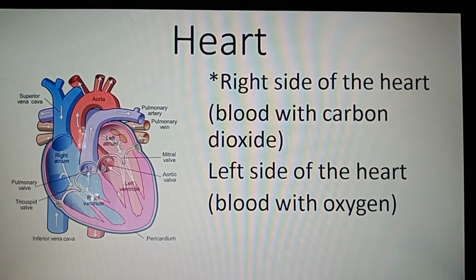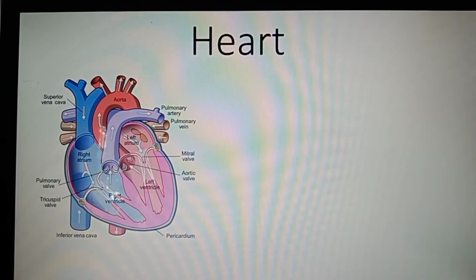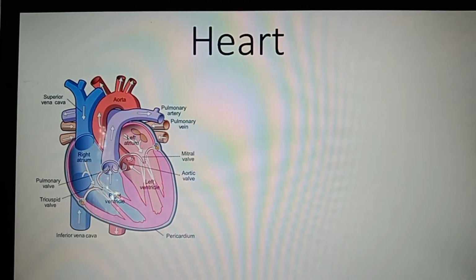While the left side of the heart, the blood that is found here is containing oxygen. So makikita nyo rin yung color coding natin to signify that this blue, the blood here contains carbon dioxide, and then the reddish part, the left side, contains blood with oxygen.